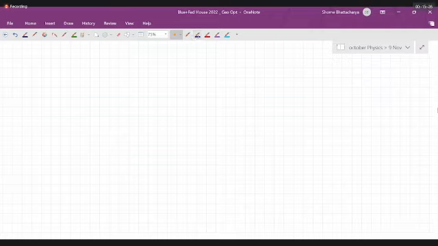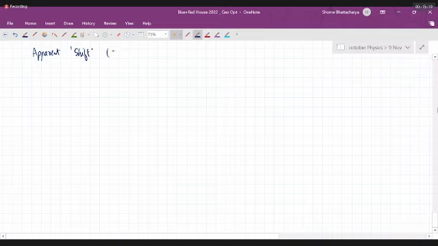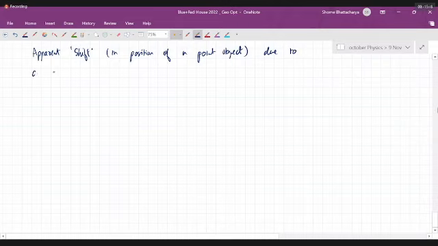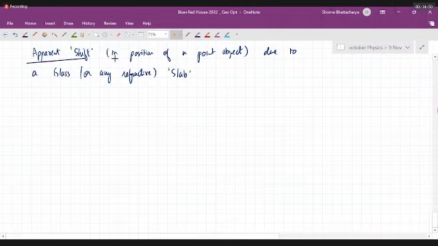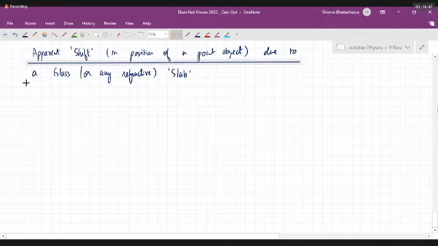The next one we are going to discuss is the apparent shift in the position of a point object due to a glass or any refractive slab. So basically, it's like this real depth apparent depth formula only, but applied twice, back to back.